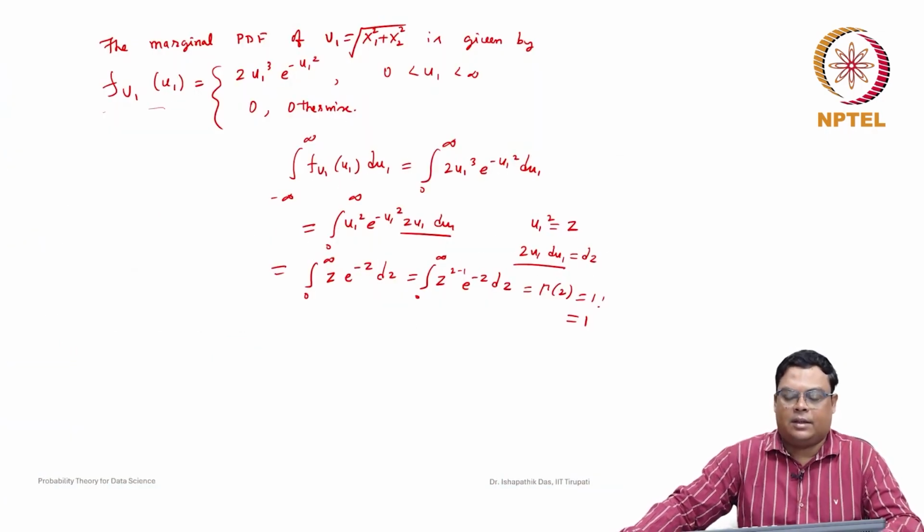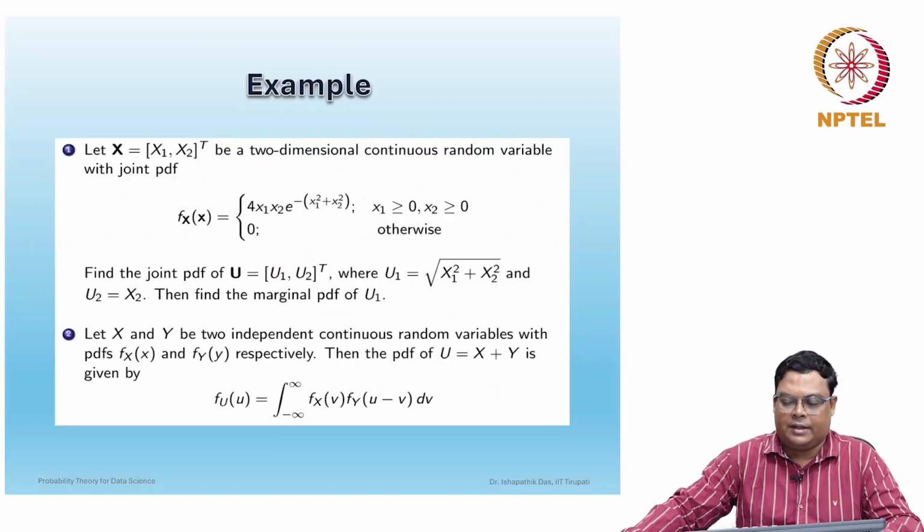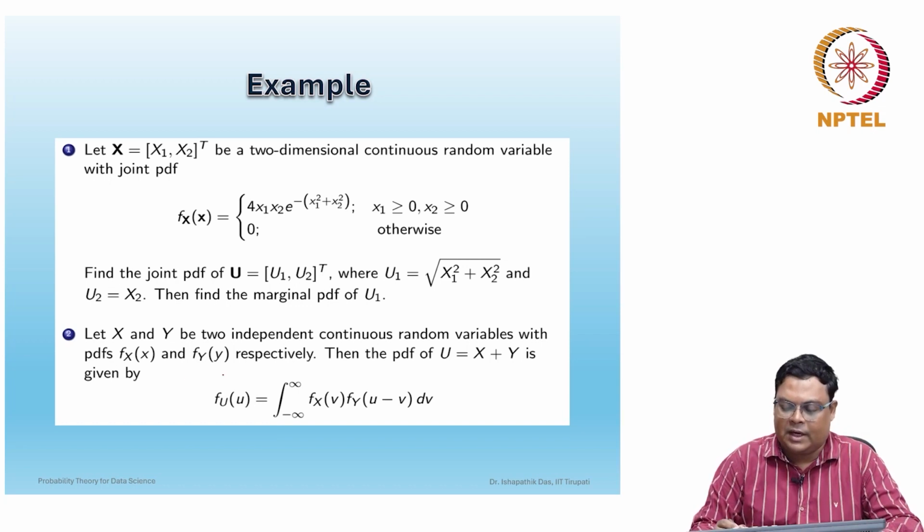Next, let us discuss some other example. Let X and Y be two independent continuous random variables with probability density functions fX and fY respectively. Because they are independent, the joint probability density function we can also find.